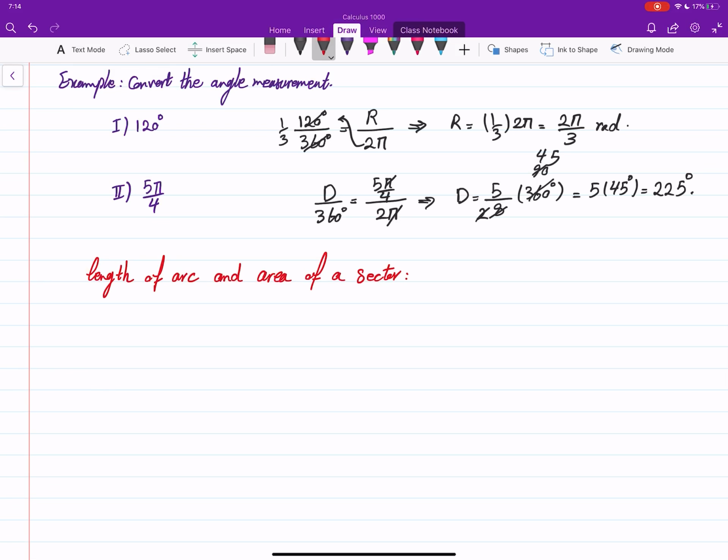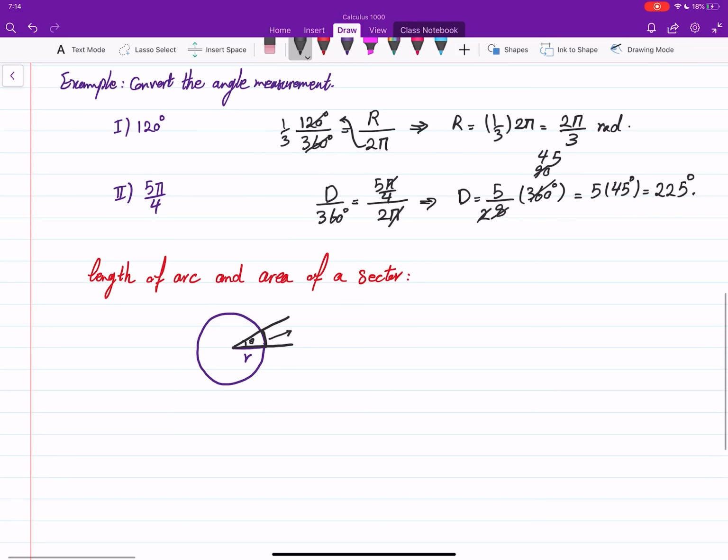Well, what does it mean? It means that if I have a circle, not necessarily unit, any radius r, then you put an angle theta there as a central one. Then you may ask, what is the length of this arc subtended by that angle? So the angle cuts this arc, and let's call the length of that a.